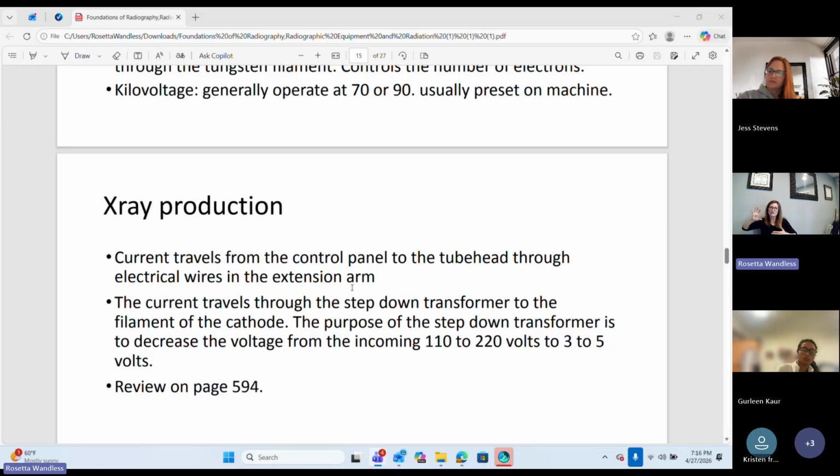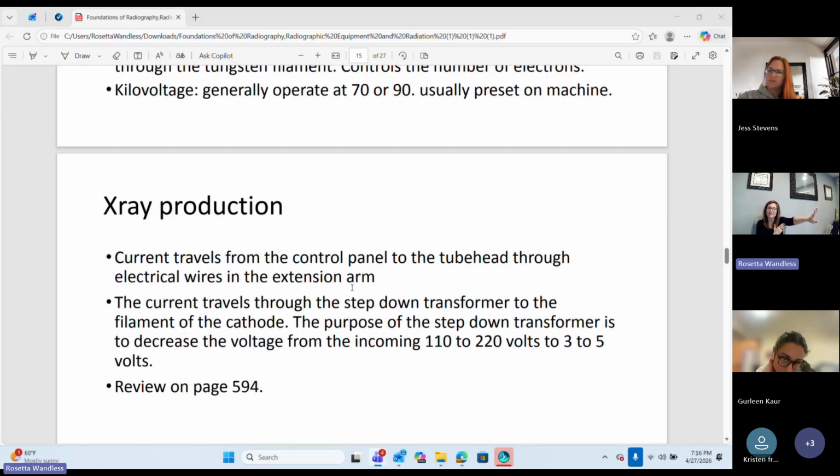All of my electrons, because I have no resistance, right? It's a glass tube with no air in it, hit my anode, my tungsten target that's built into my copper stem. That's the breaking radiation right there. That interaction is converting into my electromagnetic radiation, right?